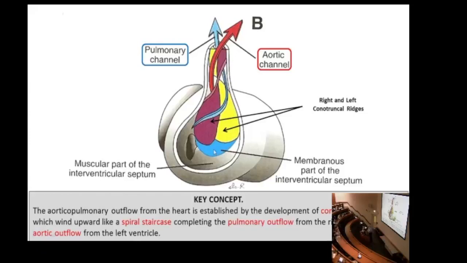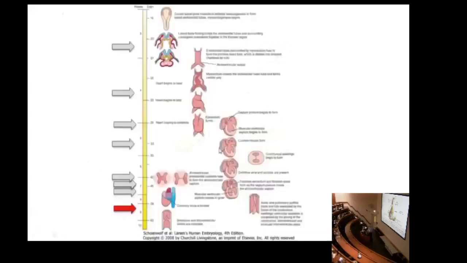And it's all starting in this area of the membranous portion of the interventricular septum. Okay? So as the septum is growing up, in the truncus arteriosus, which is common to this, it's starting to develop this spiral staircase from the conotruncal ridges that will eventually fuse, and magic, you have these two channels that develop. And that's going to take us up to a little beyond 56 days. So that's 8 weeks.